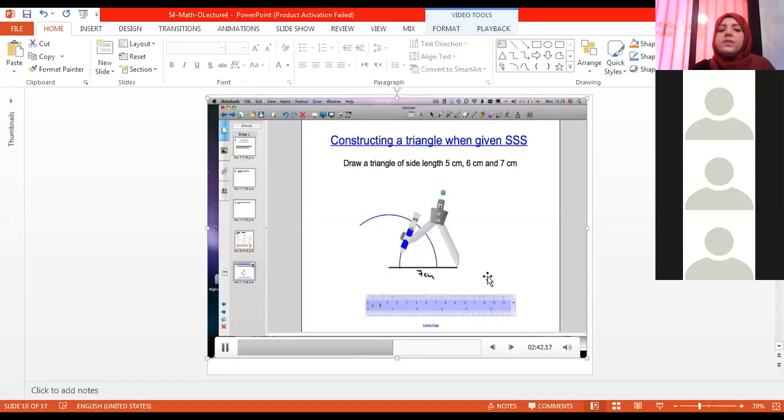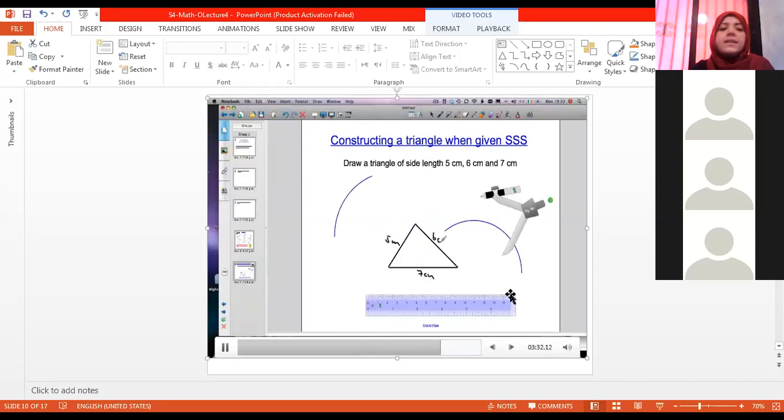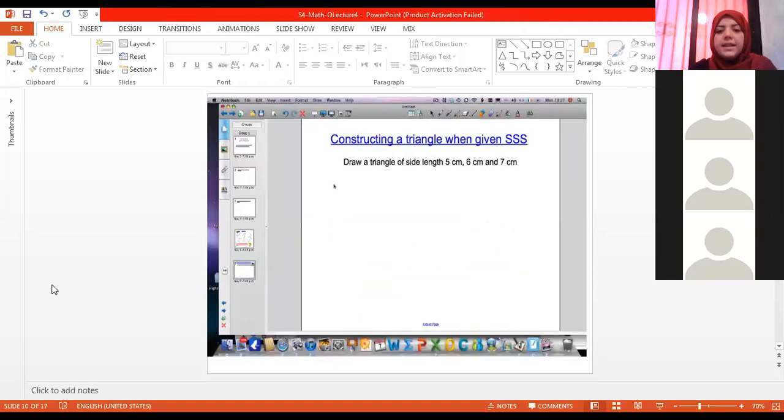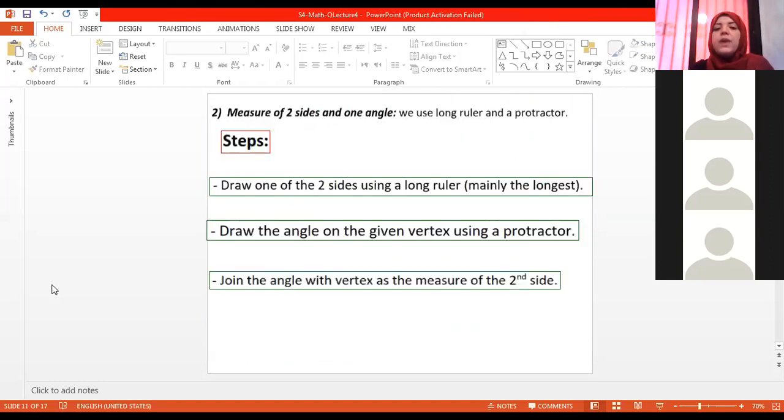And the point of intersection of the two arcs is going to be the third vertex. So you join it with the extremities. Is it clear? Yes. Okay.